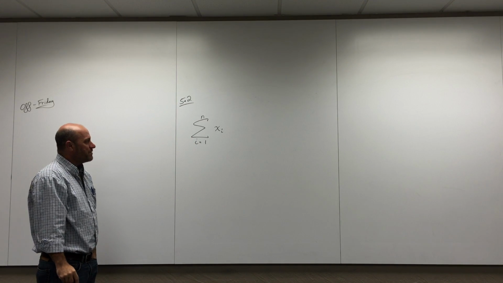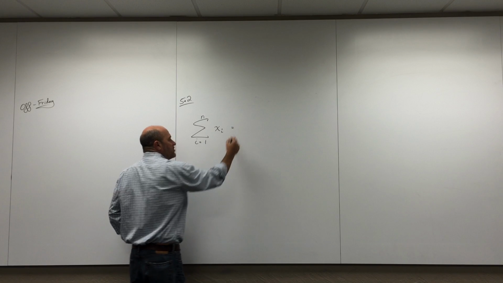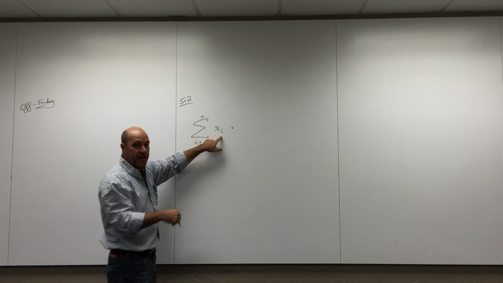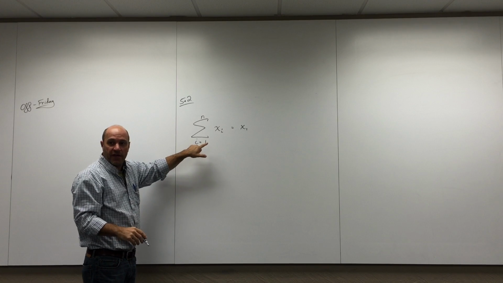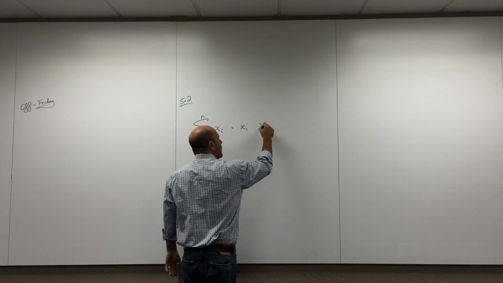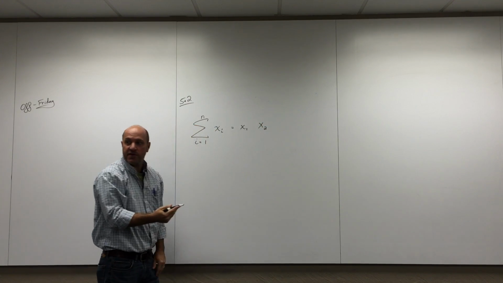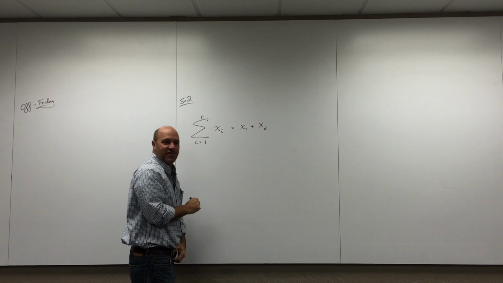I mean, what does this say? This says you plug in a 1 and you get x1. Okay, you're done with x1. Then you plug in a 2 and you get x2. Okay, and what do you do to these things? You add them. You put little addition symbols in, and you add these things.